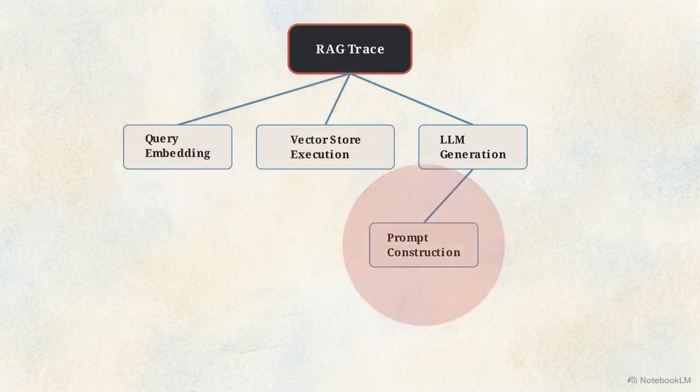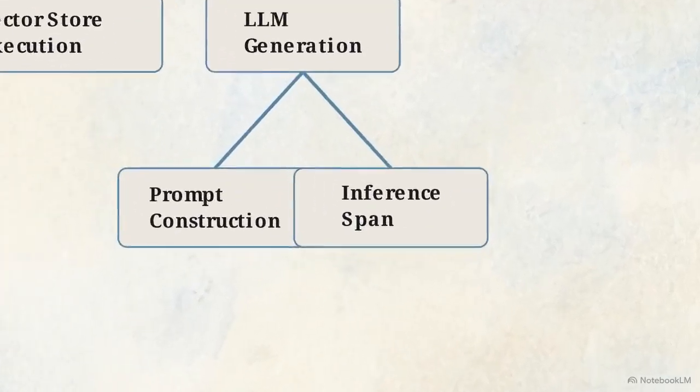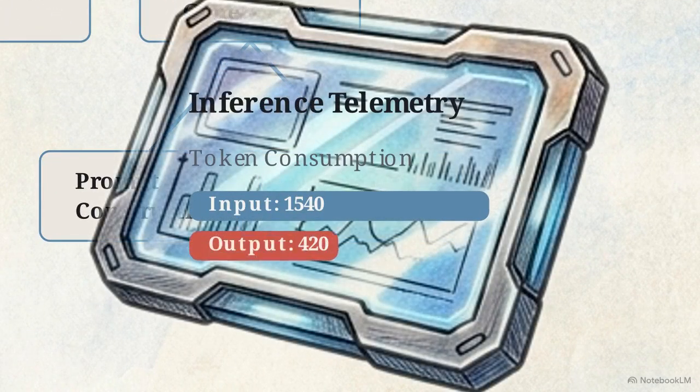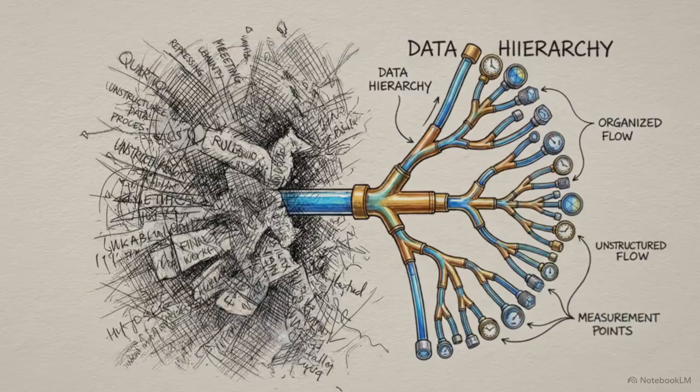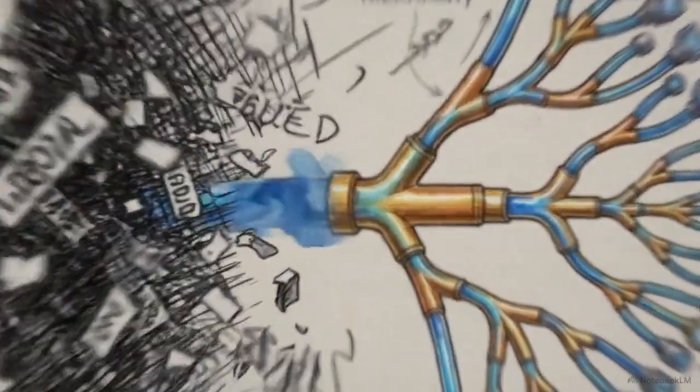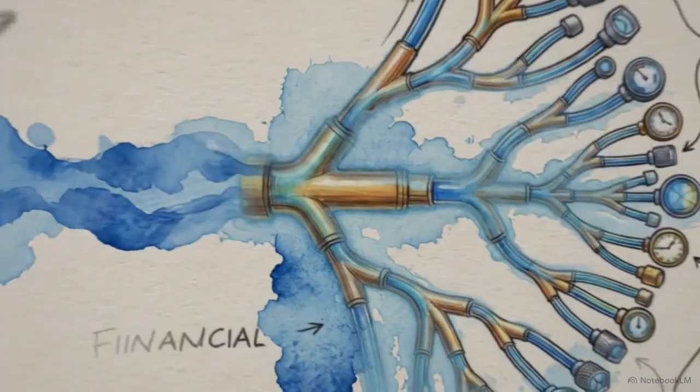It records query embedding latency, vector store execution, and prompt construction. At the tree's bottom, the inference span captures token consumption metrics for cost estimation and records exactly why the model finished generating. By unifying traces and metrics into a single framework, hierarchical telemetry transforms unpredictable AI behavior into measurable engineering data.